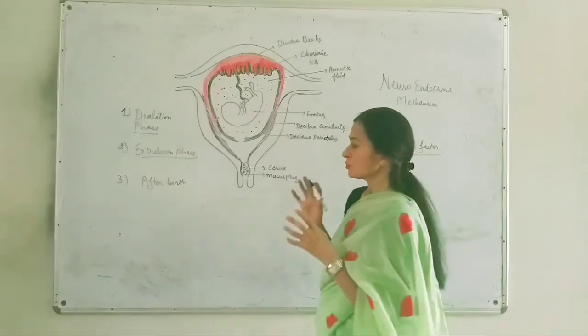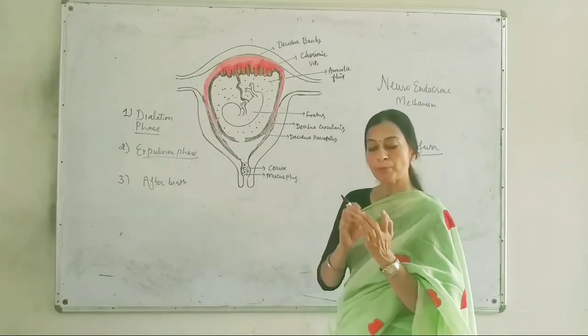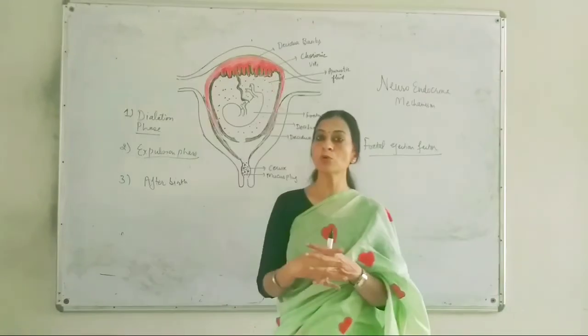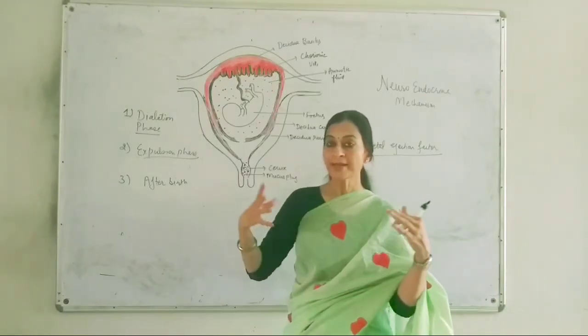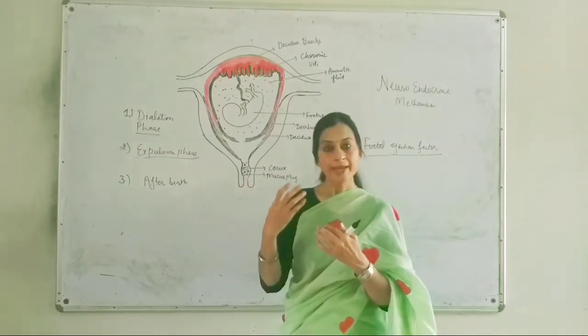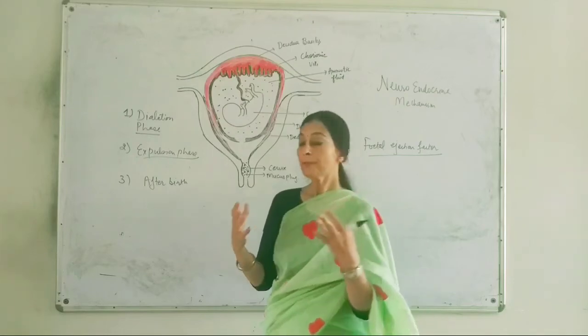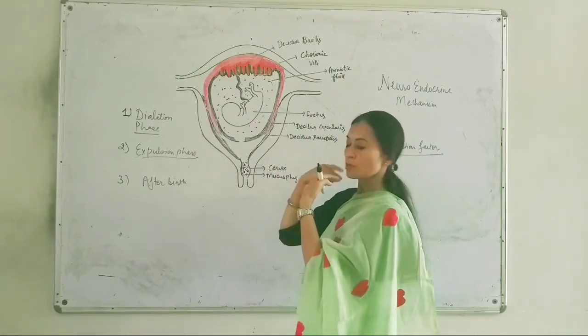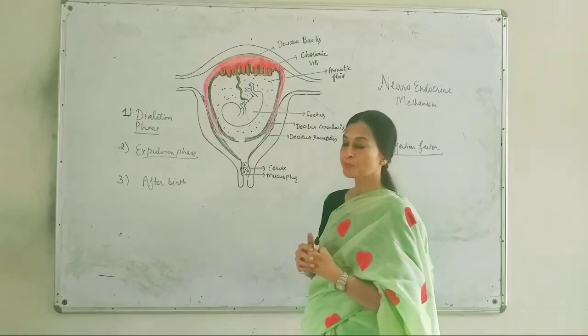This is, as I told you, completely linked with the release of the oxytocin hormone, the birth hormone, that has stimulated the contraction phase and helped to force the fetus to move outside.